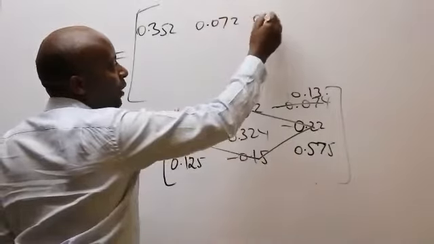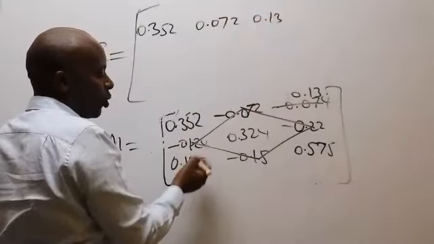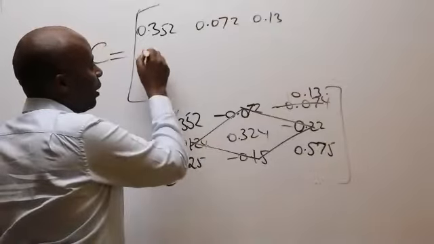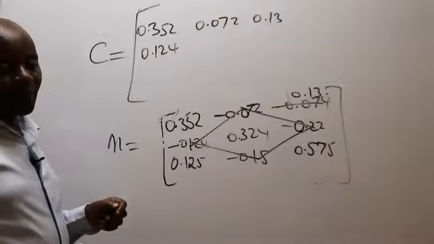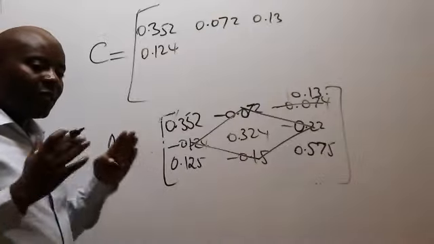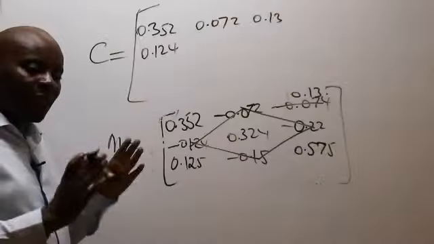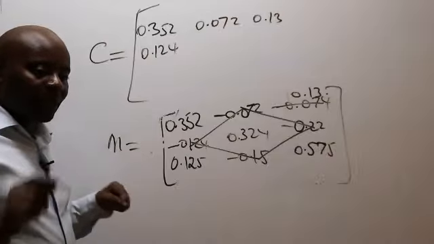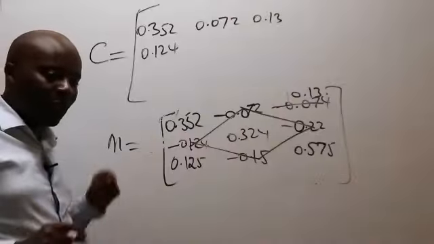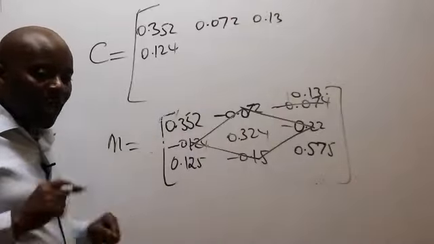This becomes positive as well, 0.13. Here, it was negative. Now it becomes what here? Positive. So basically, the cofactors and the minor elements are going to be the same, except for the fact that all the minor elements that have been touched by the corner of the diamond must always have their signs changing.